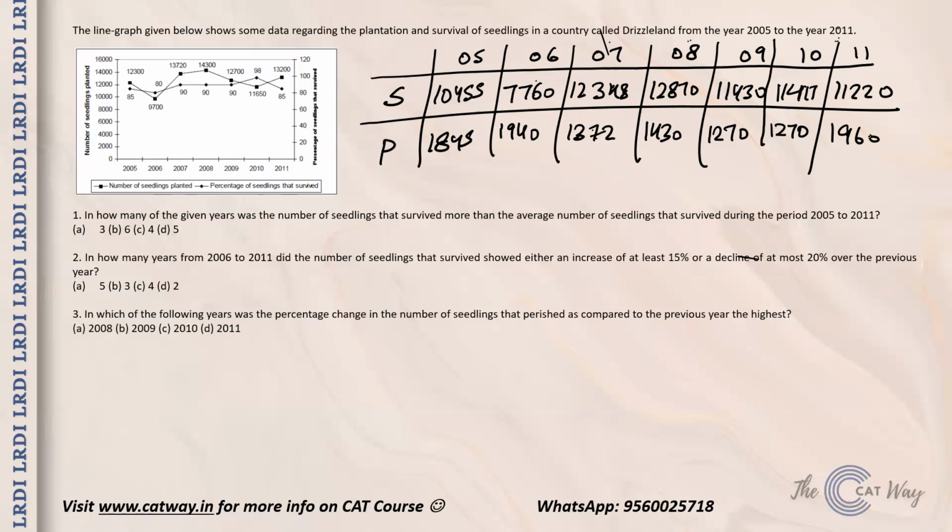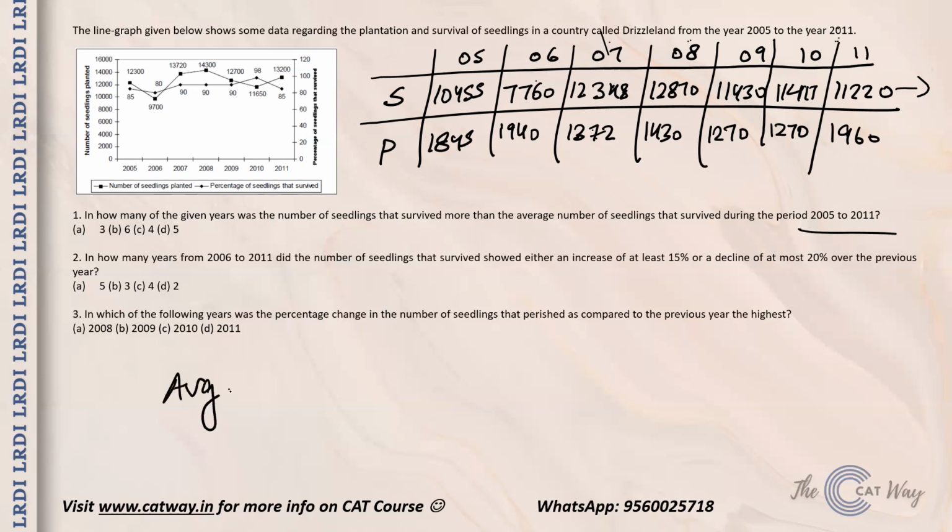So the first one is: in how many of the given years was the number of seedlings that survived more than the average number of seedlings that survived during the period 2005 to 11. First you need to calculate the average number of seedlings that survived between 2005 and 2011. You need to take the sum of all these values and divide it by 7, because you have data for 7 years.